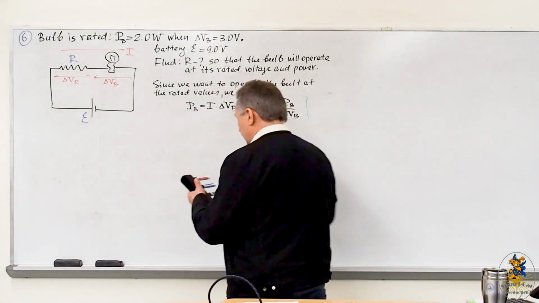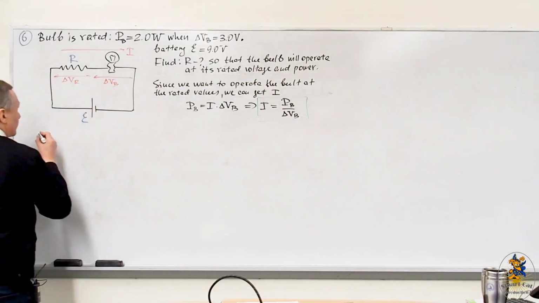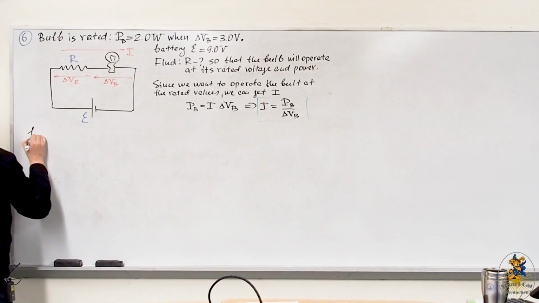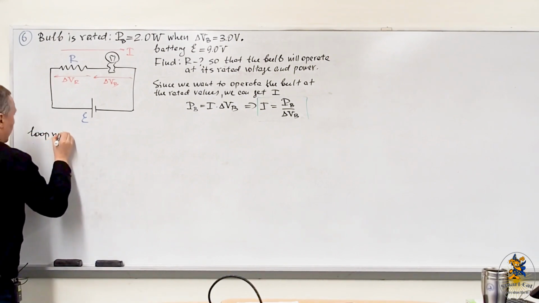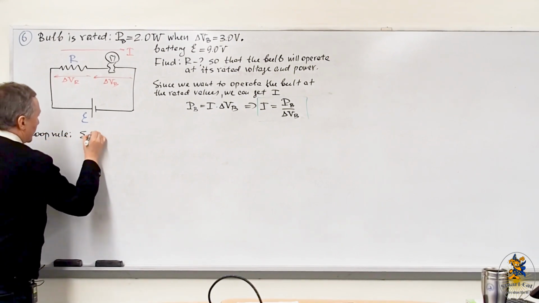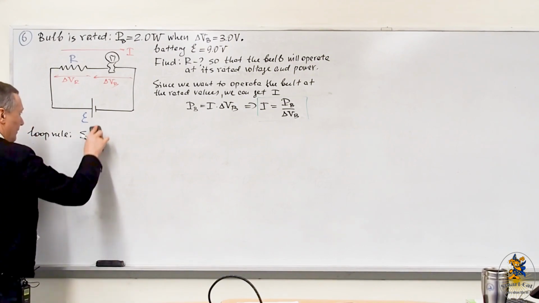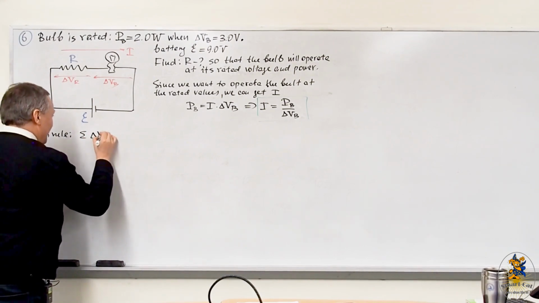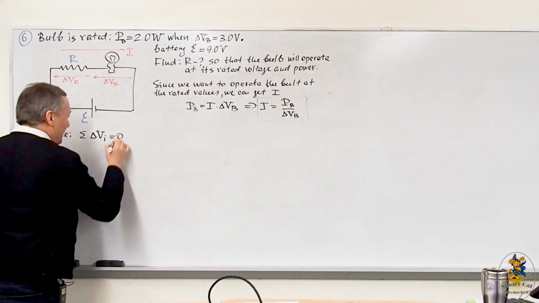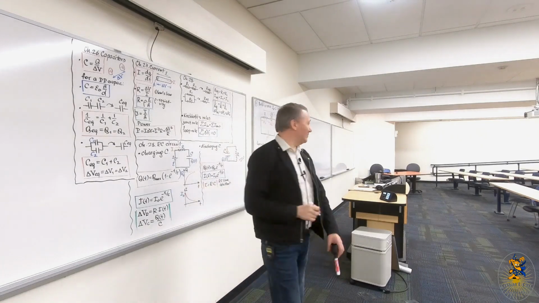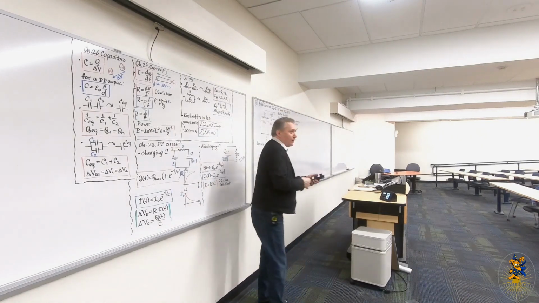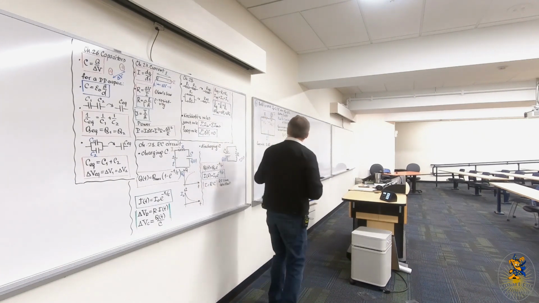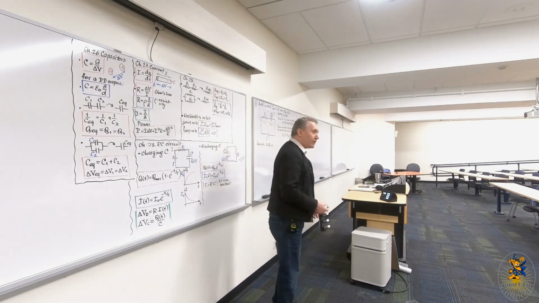Okay, so now let me write it down. Let's apply the loop rule: the sum of delta V equals 0. And to be precise, like in the previous problem, let me also introduce a travel direction.